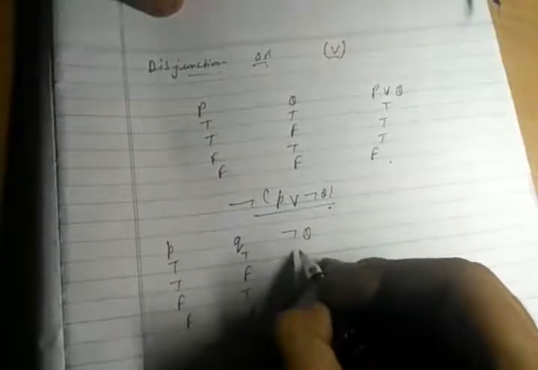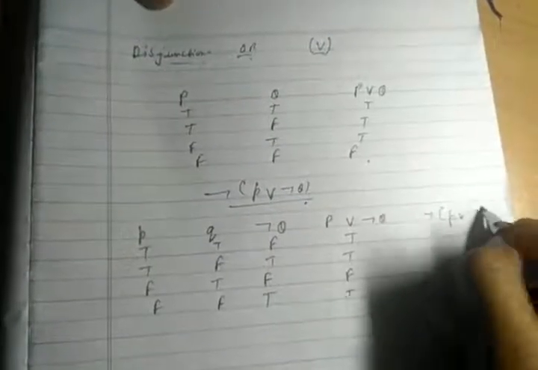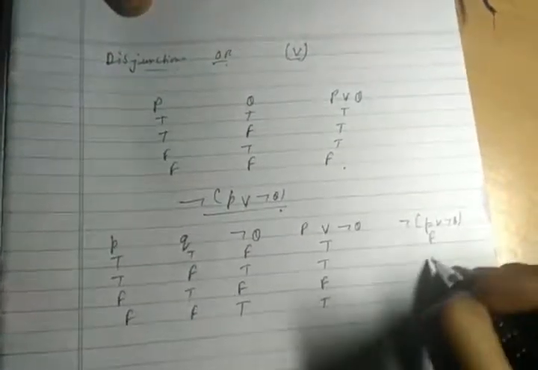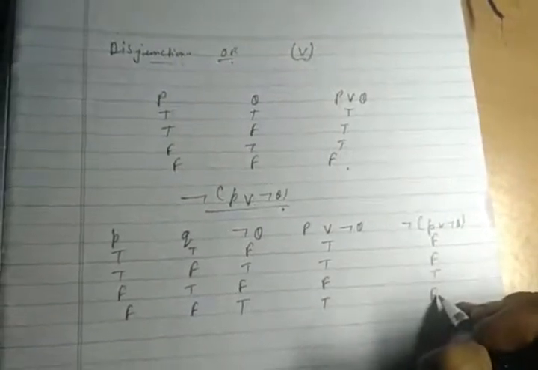The negation of Q will be false, true, false, true. And P disjunction negation of Q will be true, true, false, and true. And the negation of this statement will be false, false, true, and false.